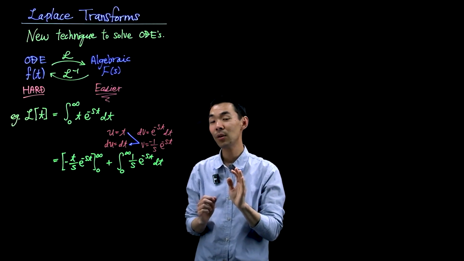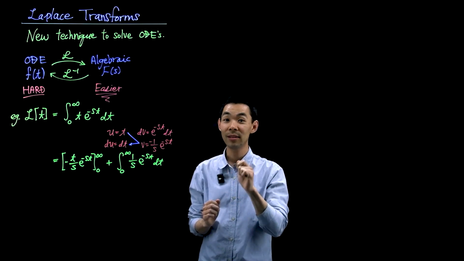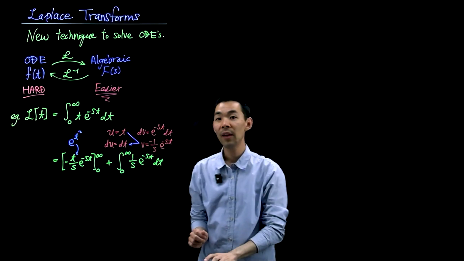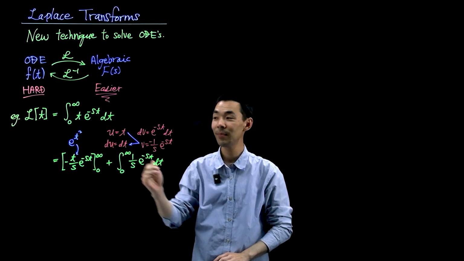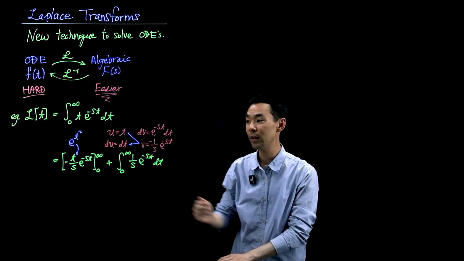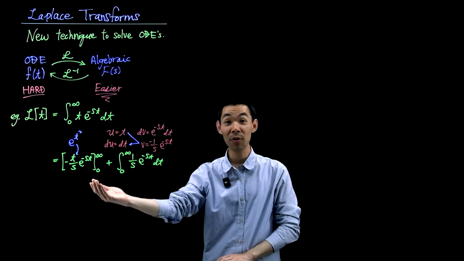But this is the reason why the example I gave earlier of e to the t squared doesn't work in this case. If the function we wanted to take the Laplace transform of was e to the t squared, you can see that if we replace t with e to the t squared and try to evaluate our upper bound, this is going to explode on us.